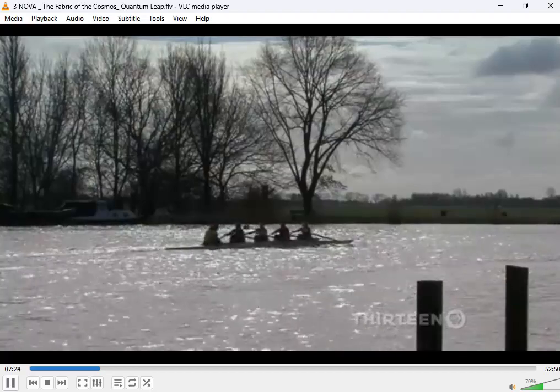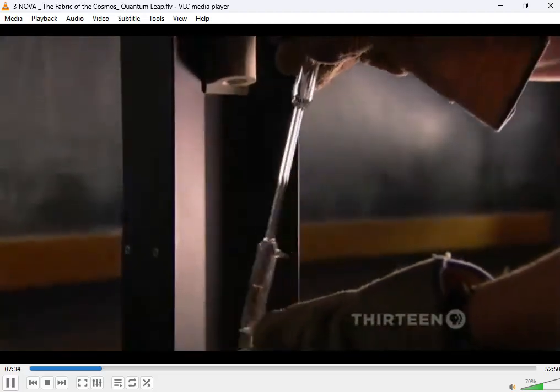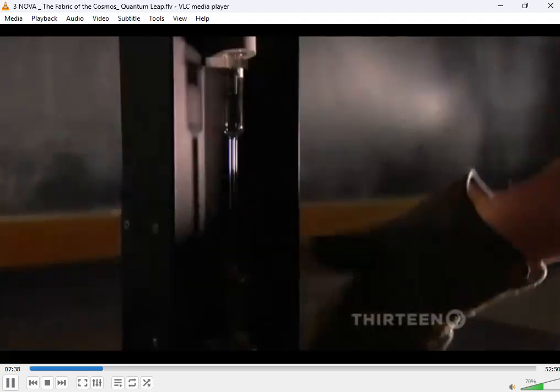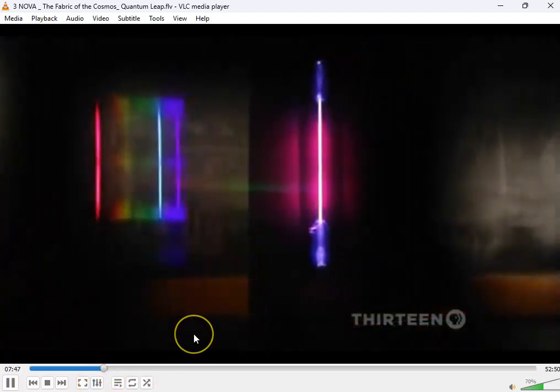Until about 100 years ago, when scientists were struggling to explain some unusual properties of light. For example, the kind of light that glowed from gases when they were heated in a glass tube. When scientists observed this light through a prism, they saw something they'd never expected.